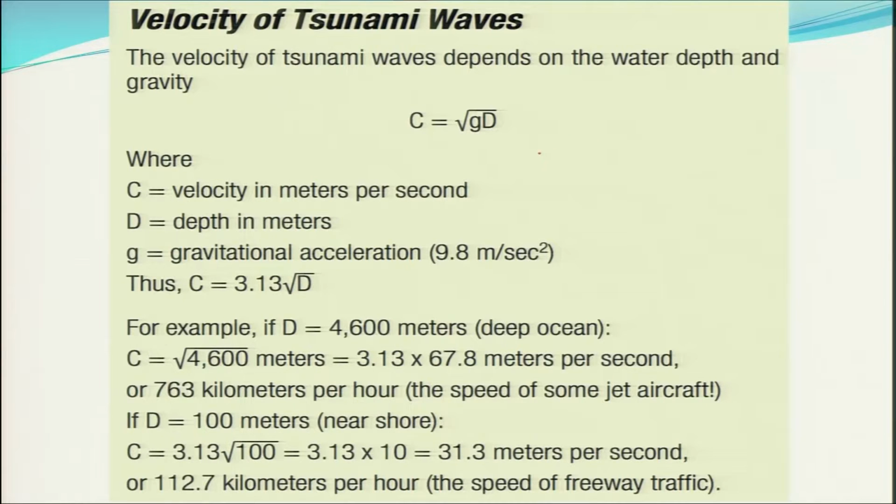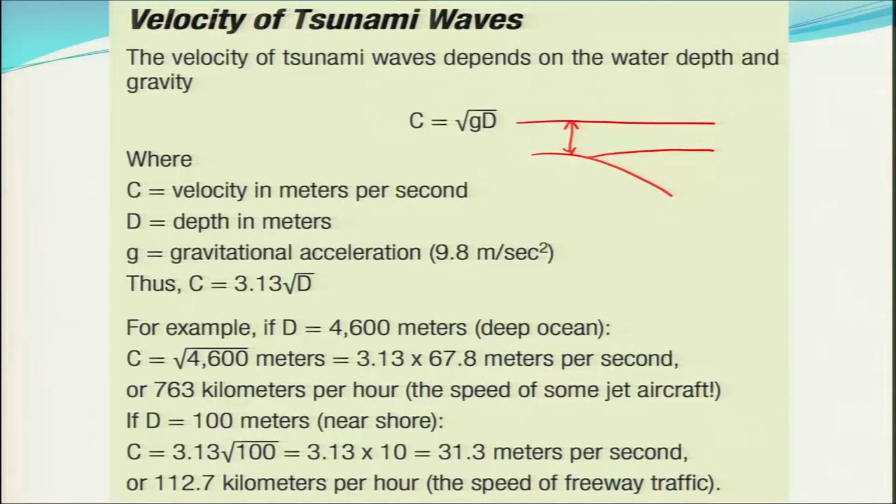So suppose you are having a subducting plate like this, and you have a water depth like this one, so that will affect the velocity of the tsunami. So if you are having the earthquake taking place in this shallower part, then you will have a different effect.